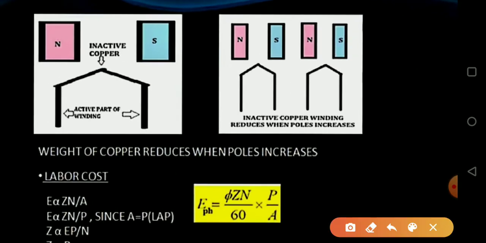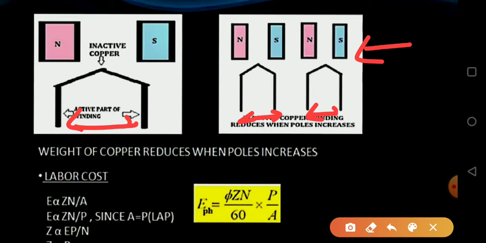Here we have the active part from here to here. When the number of poles increases, the active part reduces, so the copper weight also reduces.